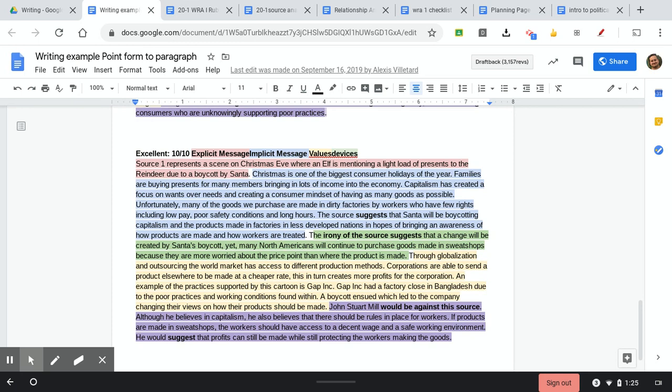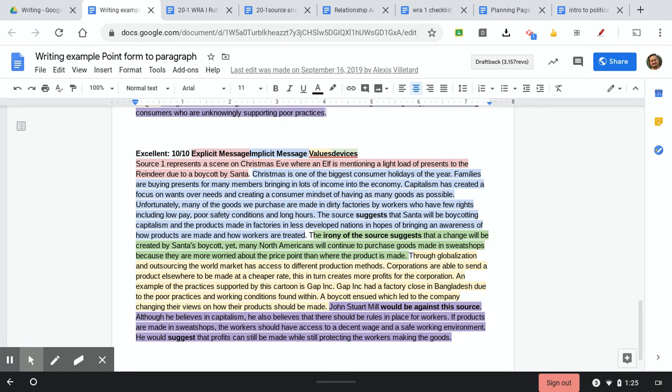Corporations are able to send a product elsewhere to be made at a cheaper rate. This in turn creates more profits for the corporation. An example of the practices supported by this cartoon is Gap Incorporated. Gap had a factory close in Bangladesh due to the poor practices and working conditions found within. A boycott ensued, which led to the company changing their views on how products should be made.